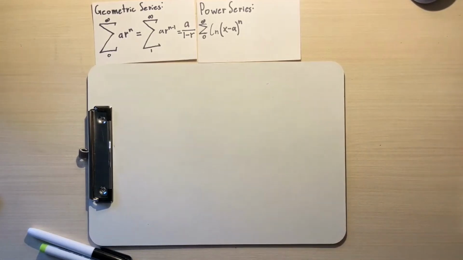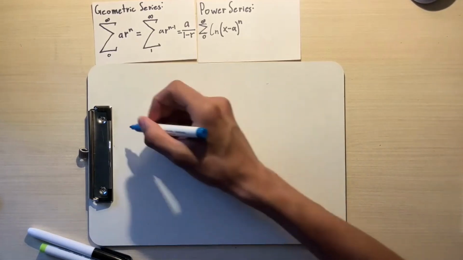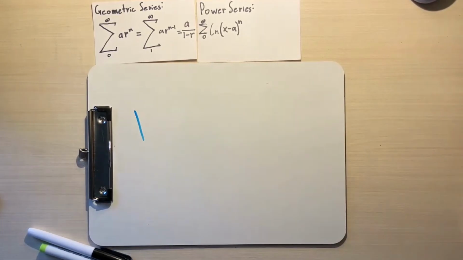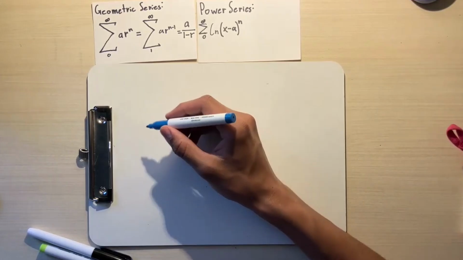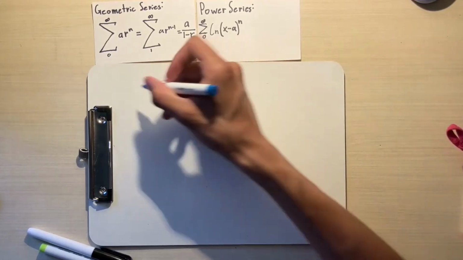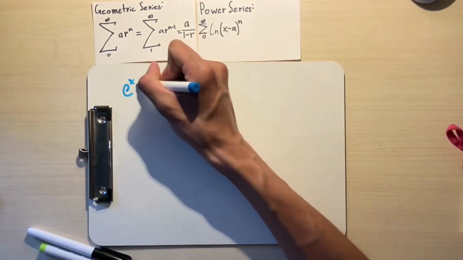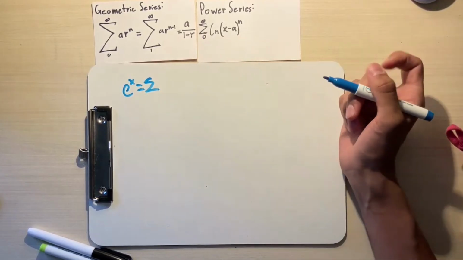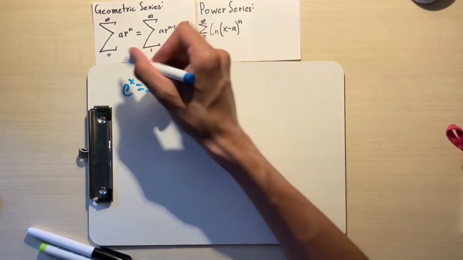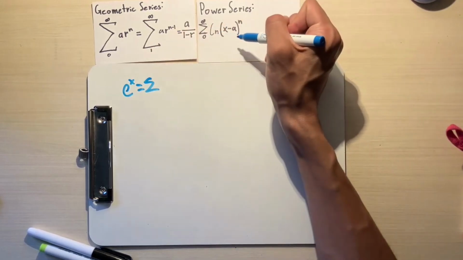Let me draw out one way that I think might make sense to visualize this. We'll talk about e to the x a lot in Taylor series. It's a really special function. And the representation for it is pretty simple. I'm just going to assume a equals 0 again.